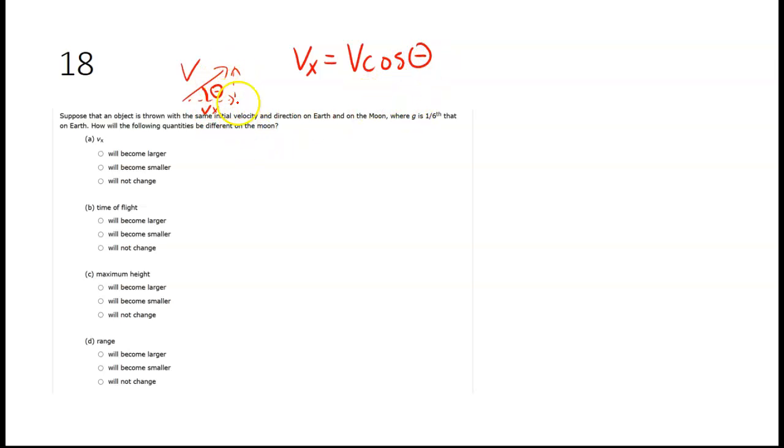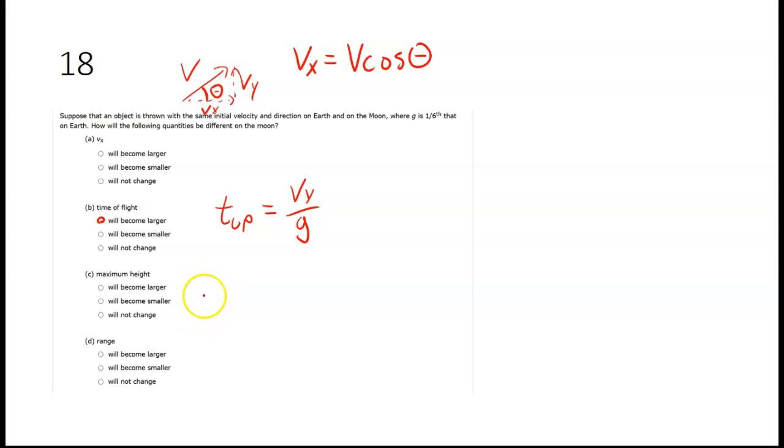If I chose a different angle, it'd be sine theta, but still, there's no gravity there. Now, time of flight is a little bit different because it depends on my vertical component, but it also really depends on my acceleration due to gravity. Since my acceleration due to gravity is smaller, we can even just think about it. Time up, we use that one a lot. It's Vy over g. Well, if g is smaller, time up is going to be larger. Total time is going to be larger.